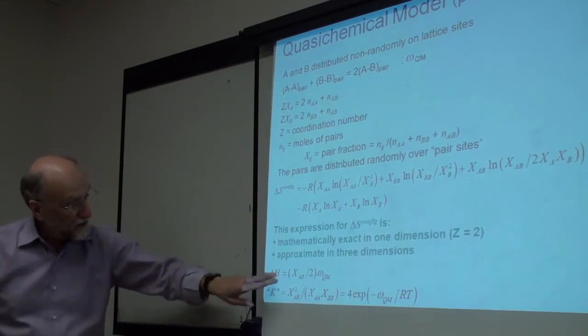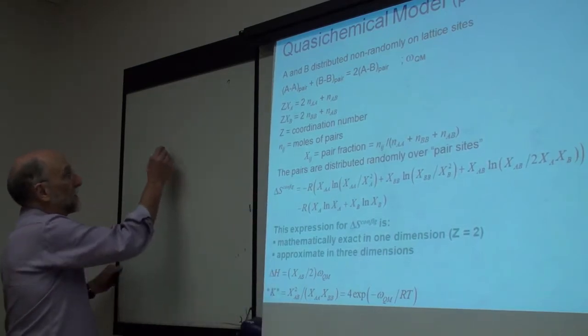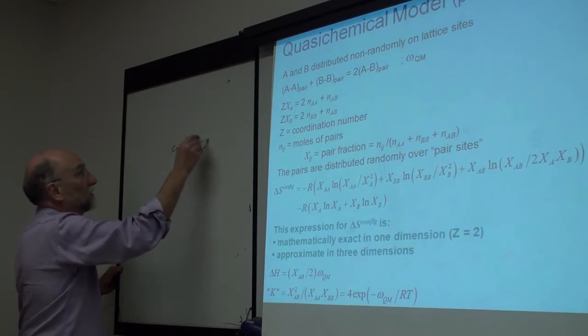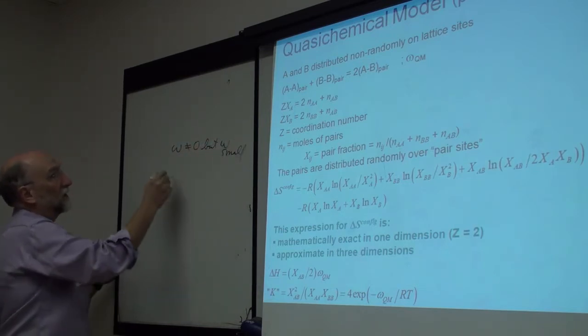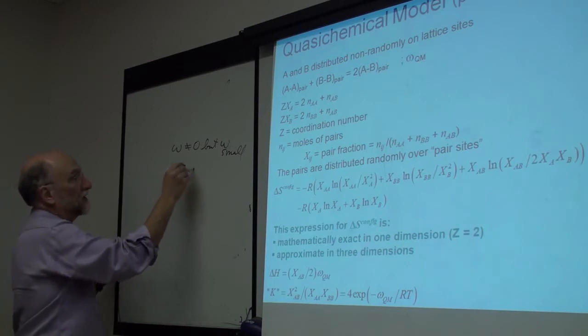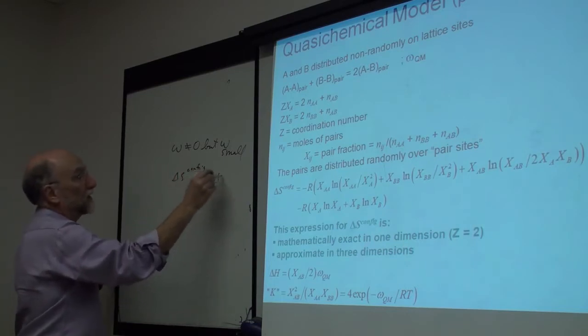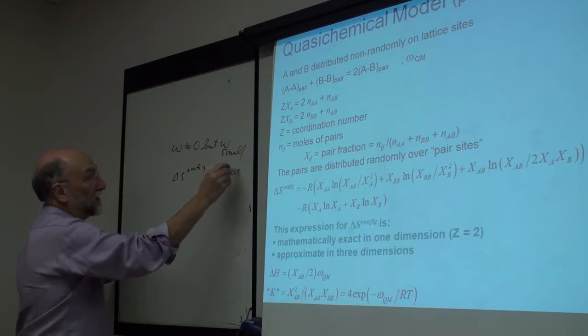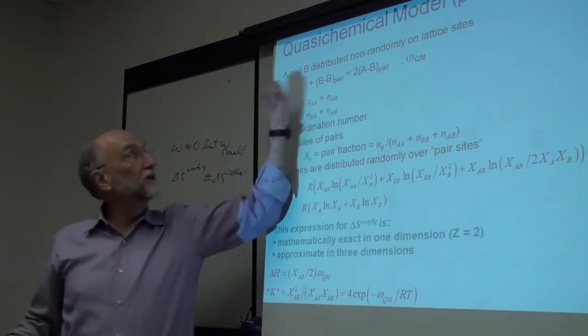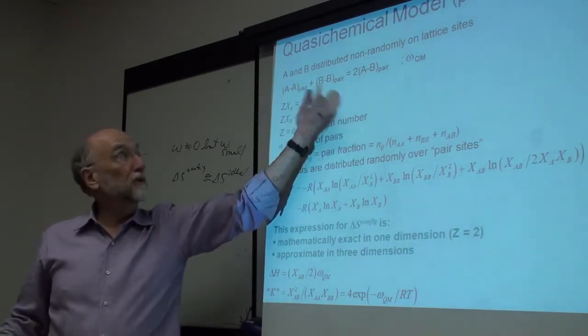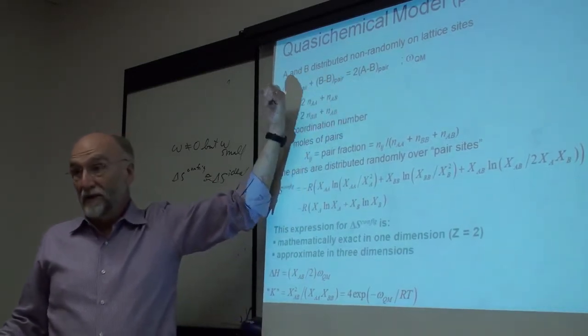As omega does not equal 0, but is small, either positive or negative, delta S configurational is approximately equal to delta S ideal. The smaller omega is, the closer you get to the ideal mixing, simply because this thing moves back to the right. The entropy always wants to go that way.